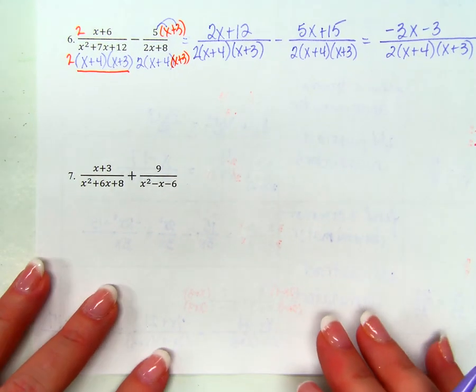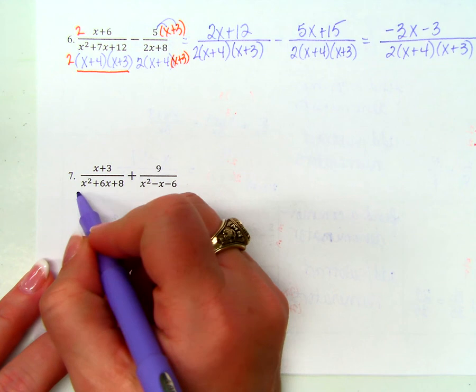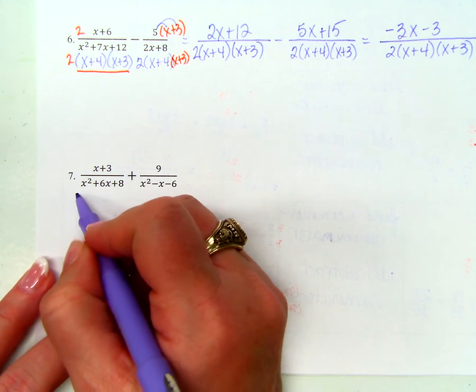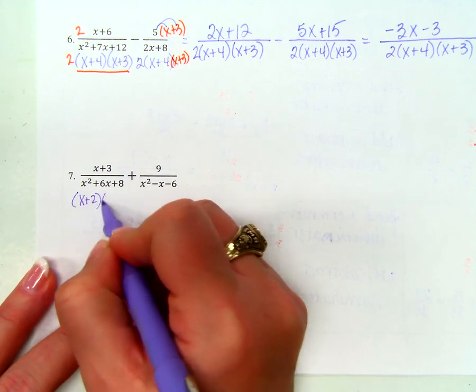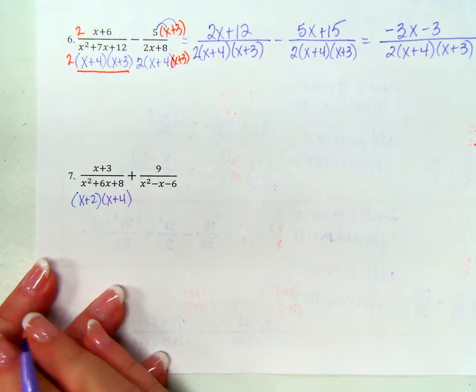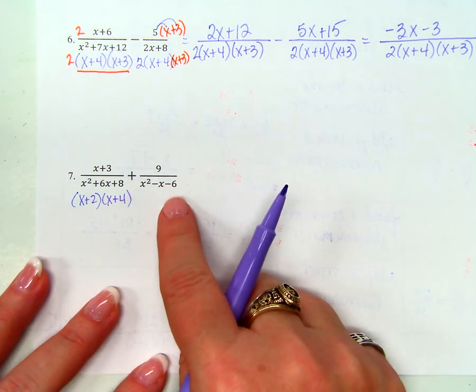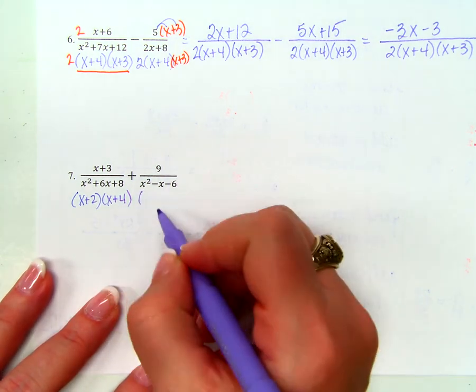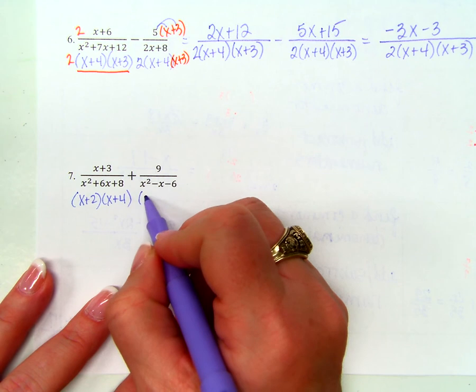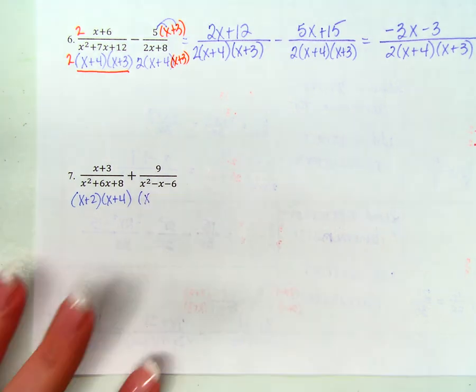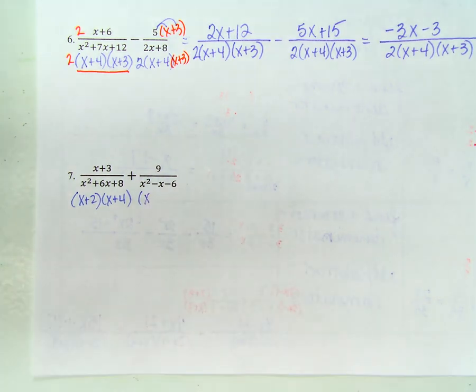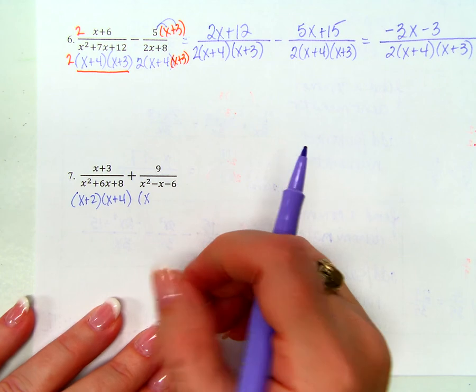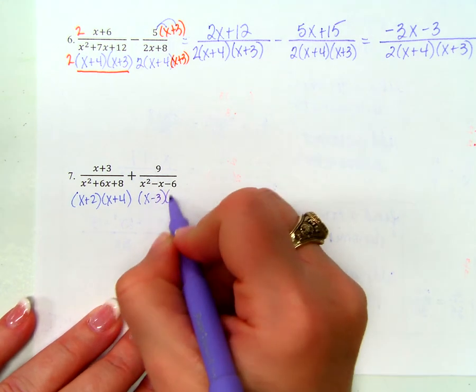All right, last example. What should we do first? Factor. Does this one factor? 2 and 4, x plus 2, x plus 4. Does this one factor? Negative 3 and 2.